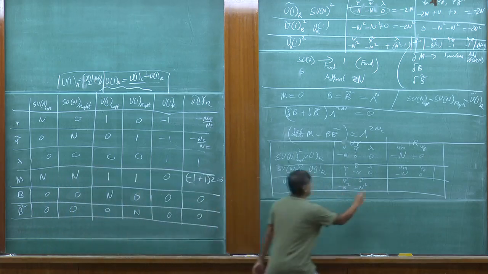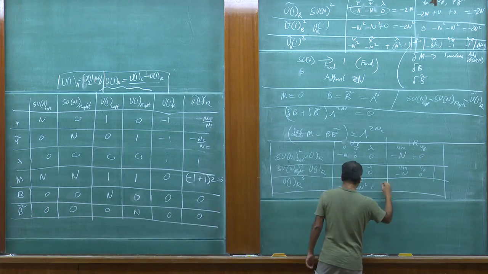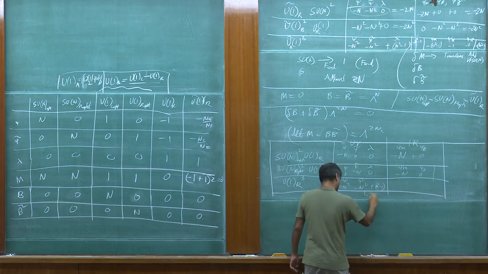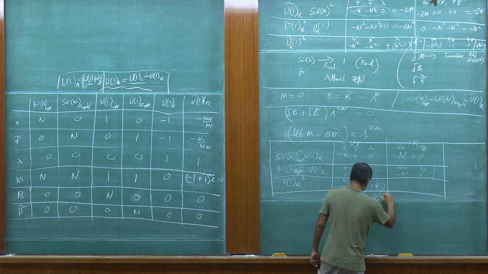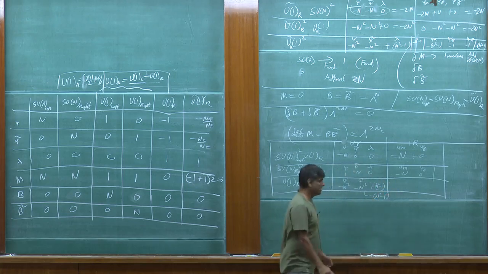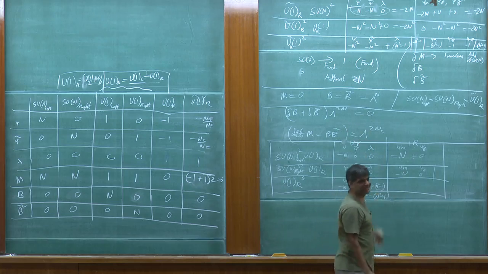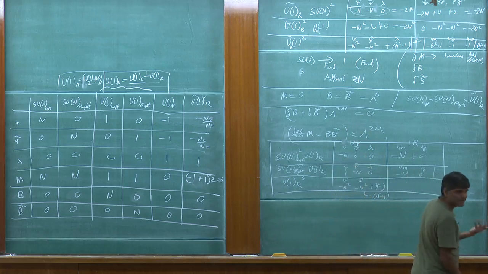So we get plus N squared minus 1. So the total is, as before, minus N squared minus 1, minus N squared plus 1. This is the same calculation as we did last time because in the UV it's the same. U(1)_R cubed is just the same. Right?